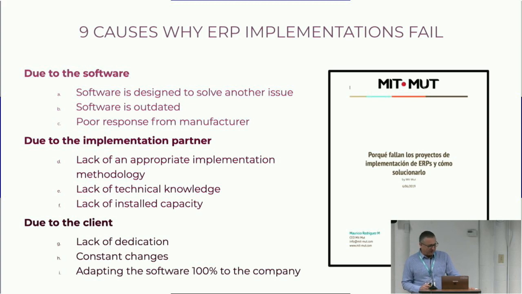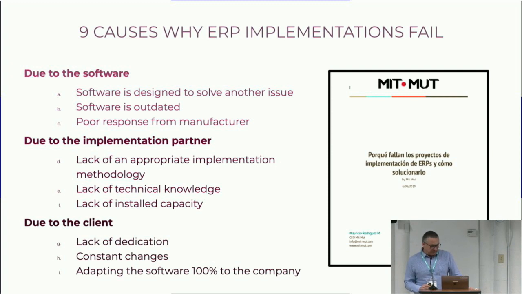Our projects are well done with Odoo because these are not the causes in its case. But failure is also due to the partner's lack of an appropriate implementation methodology. That is very important. Or lack of technical knowledge.